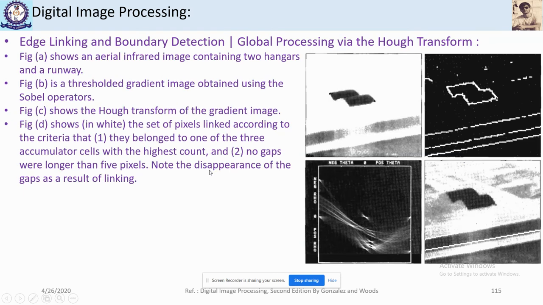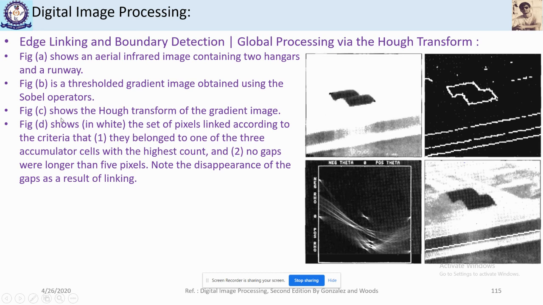So this is one example given here. Figure A shows an aerial infrared image containing two hangars and a runway. So these two are hangars, and this is the runway in this image. First, a Sobel operator is applied on the image, and that is thresholded, and we get the thresholded binary image in figure B. So figure B is the thresholded gradient image obtained using the Sobel operator.